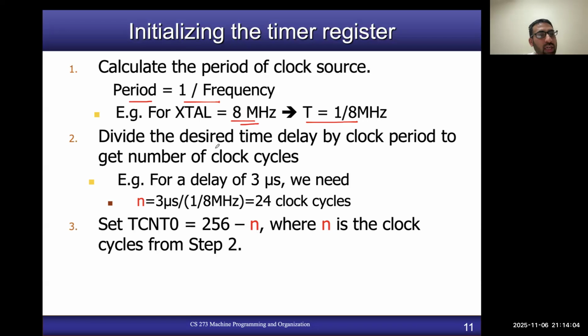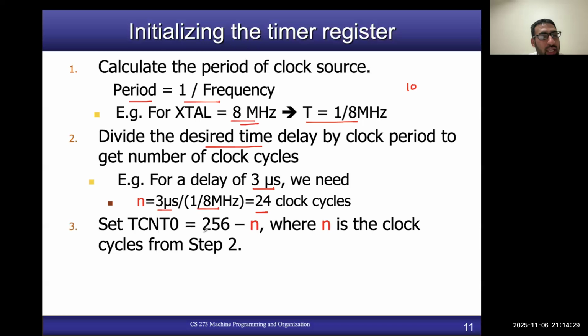Then you need the desired time delay. You divide the desired time delay by the clock period. For example, if your desired time delay is 3 microseconds, you divide 3 microseconds by 1 over 8. When you do the math, you will find that n is equal to 24.